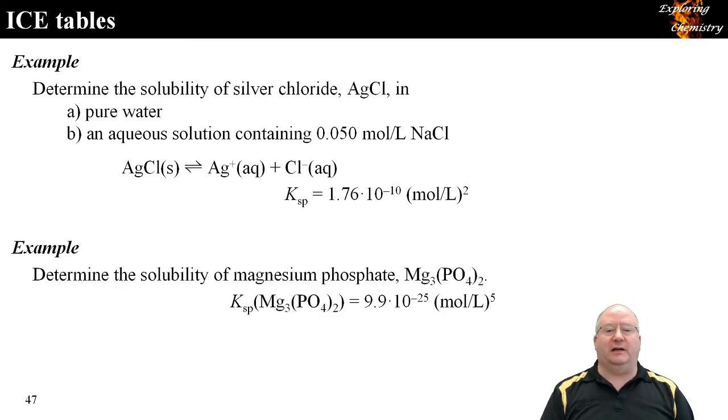Similarly, for the solubility of magnesium phosphate, the challenge here was remembering how the stoichiometric coefficients affected the change line in your equilibrium and also the equilibrium constant. And so you worked through this and were able to calculate the solubility. And again, in this one, we started on the side favored by the equilibrium constant.